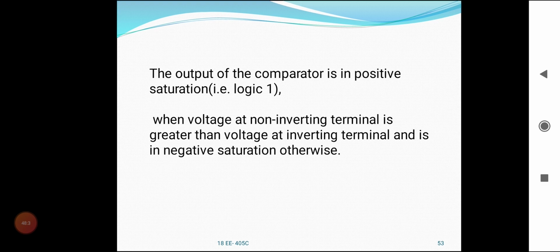The output of the comparator is positive saturation, logic 1, when the voltage at the non-inverting terminal is greater than the voltage at the inverting terminal, and is negative saturation otherwise.